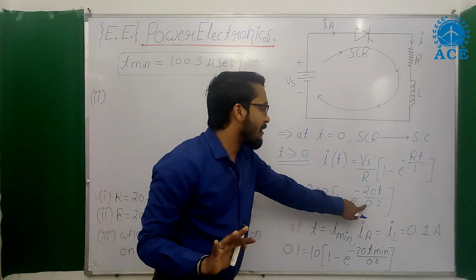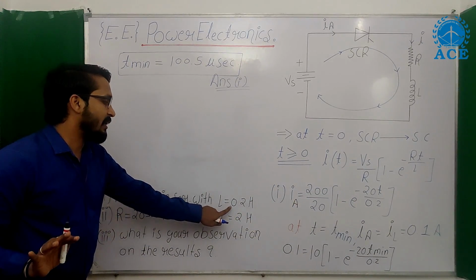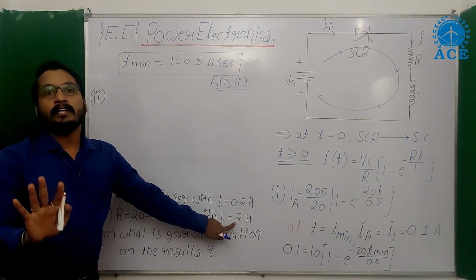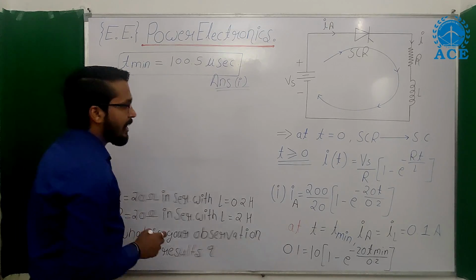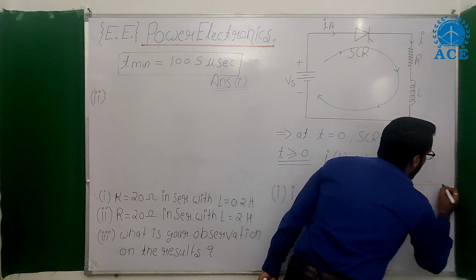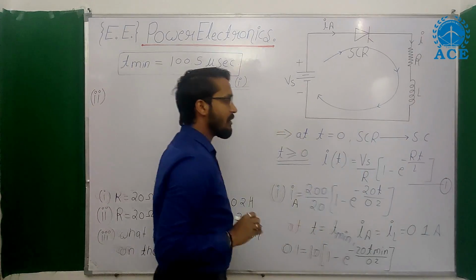but now the L value is not 0.2 Henry, the L value is 2 Henry. I am giving this equation a name, equation number 1.